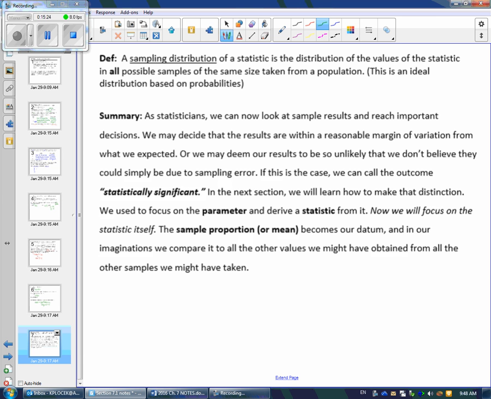It usually could be represented in a table or a graph. And again, we'll go through an example with poker chips and also with pennies in class. But it's just a picture of all the possible statistics you could possibly get.